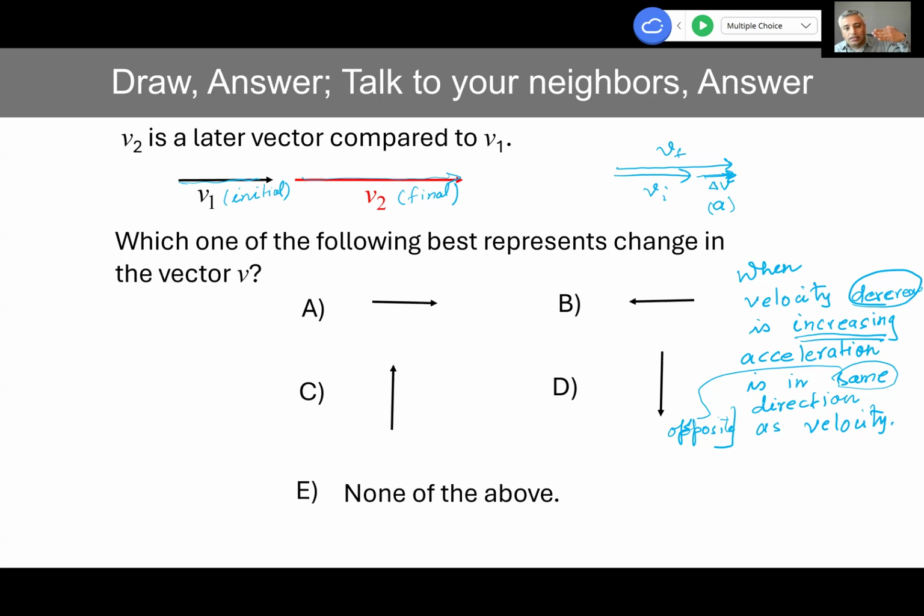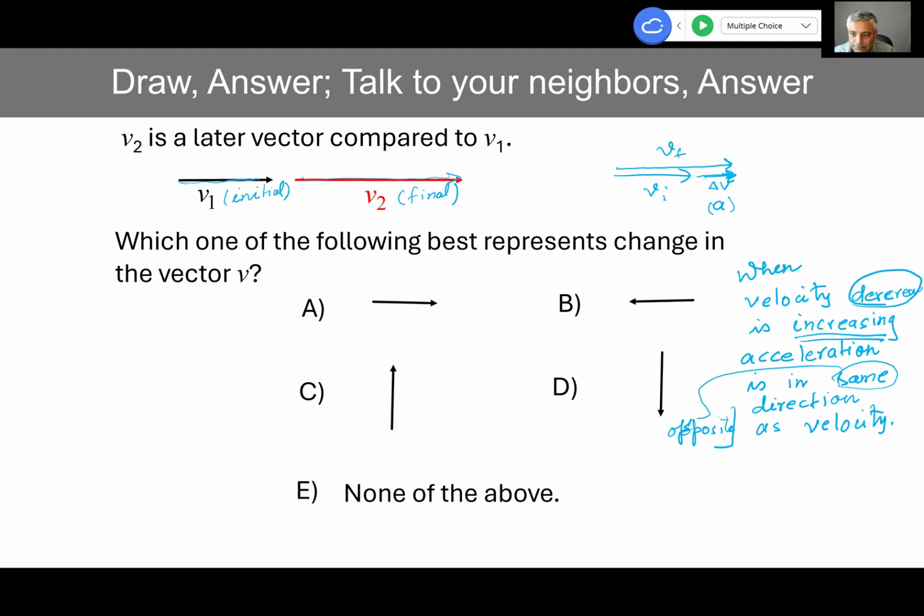So you may be going that way and somehow you decide to return. What happened? Your velocity changed. Whenever velocity changes, that means you accelerated. So in that case, how do you find the direction of acceleration when you reverse the direction, for example?